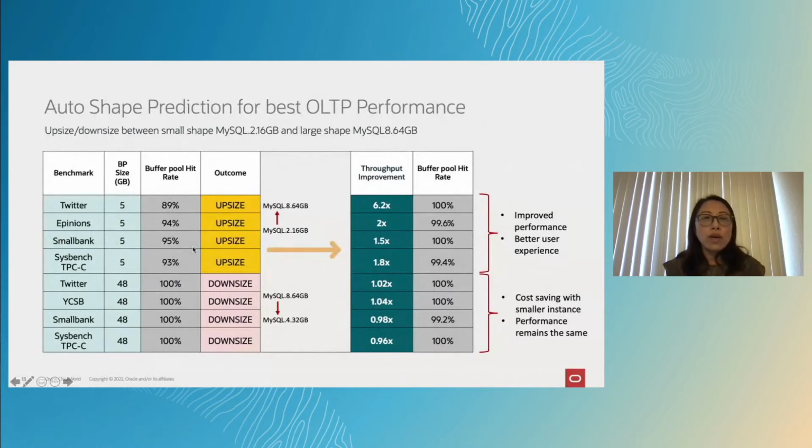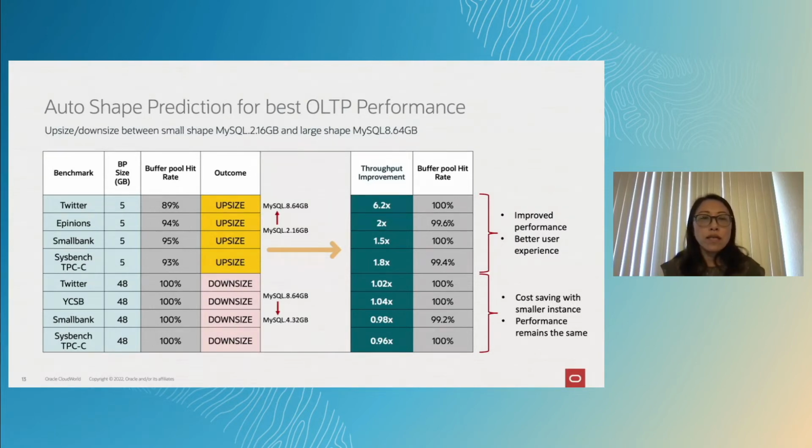So when we run it with auto shape prediction, the ML model predicts that this workload is better off with an upsize. Based on the statistics and the prediction, this particular workload will be better with 8 vCPU and 64 gigabytes of memory.